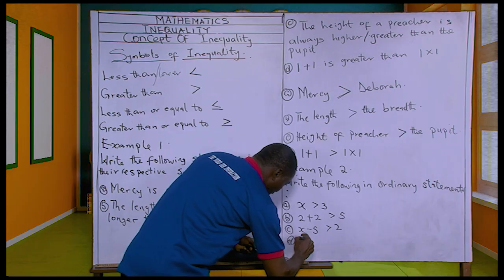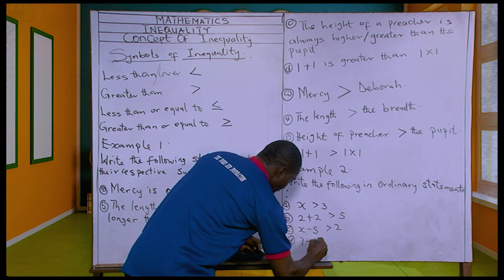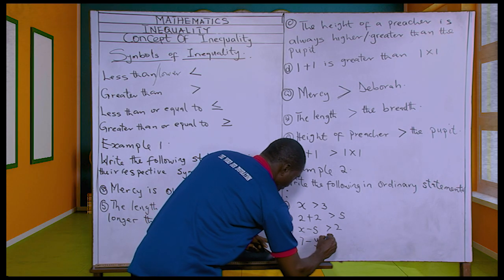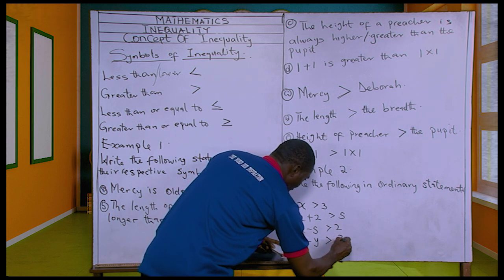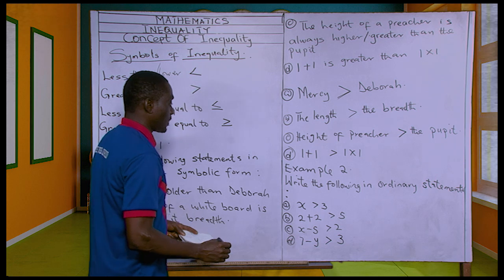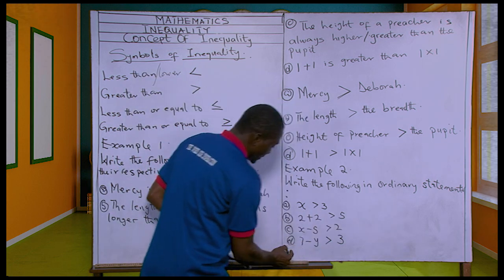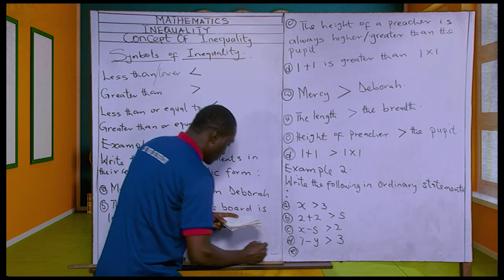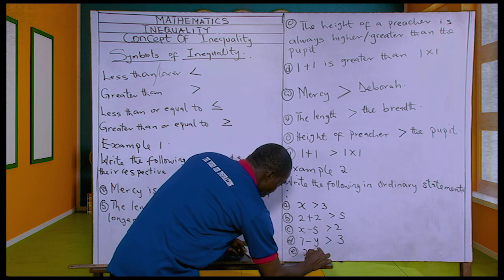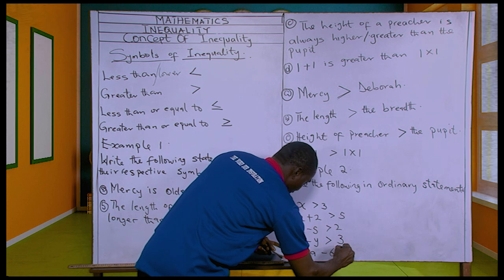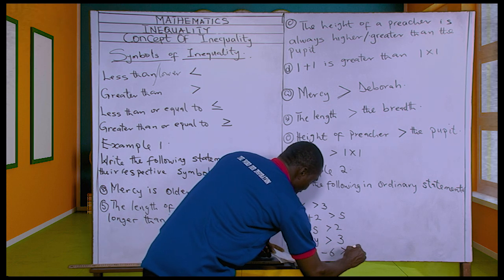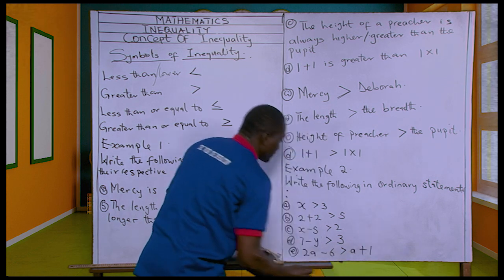D: 7 minus y is greater than 3. And E: 2a minus 6 is greater than a plus 1.